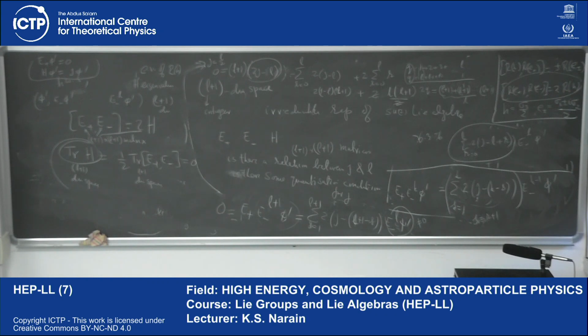Yeah, the relationship has to do with the fact that, as I told you, in SU2, two elements are mapped to the same element in SO3. The G of SU2 and minus G of SU2 are mapped to the same element. So it will turn out that for the half-integer spins, spin 1/2, 3/2, and so on, G and minus G act differently: one of them acts as plus one, another one acts as minus one.